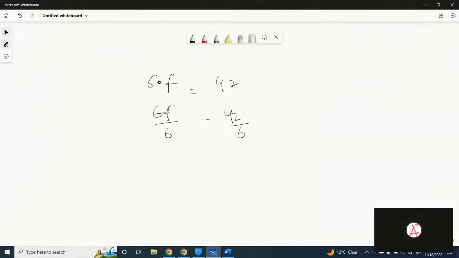That means 42 cookies can be made with 7 cups of flour. Got it? 6 times 7 is 42, F is 7.